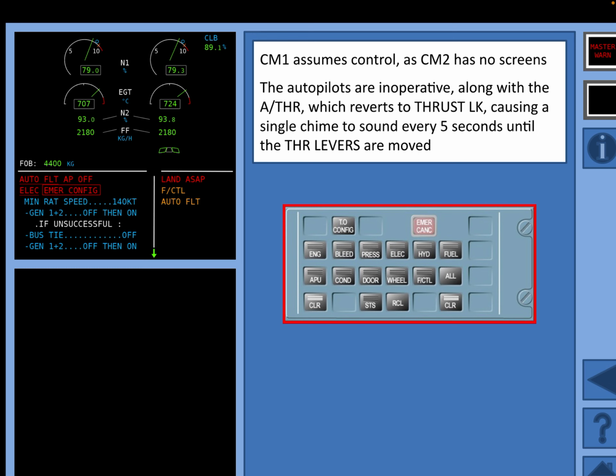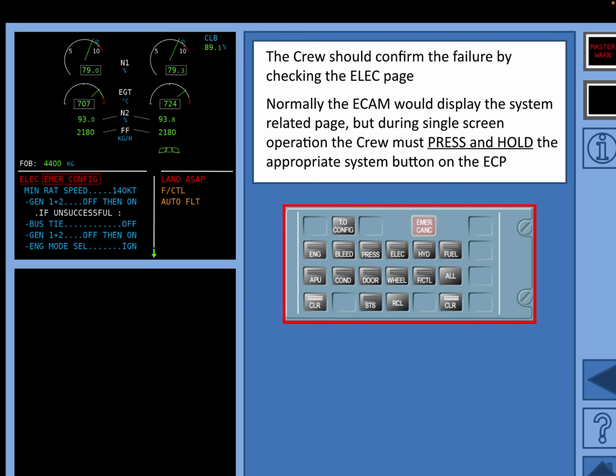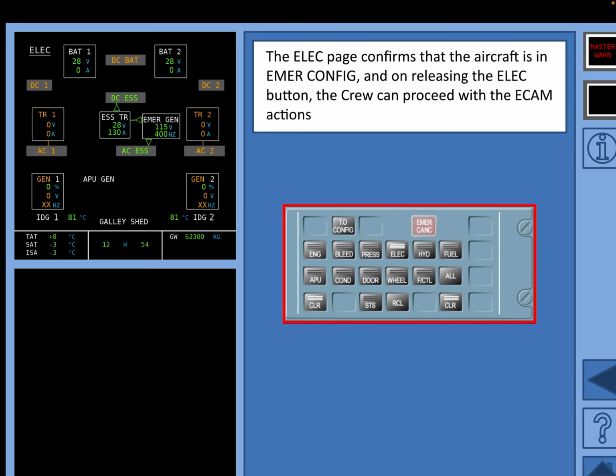AC bus 1 and AC bus 2 fail. There is no fault like I am planning to give you. Let's say MR configuration. Okay, clear. Here RAT will extend. Yes, RAT has been extended.